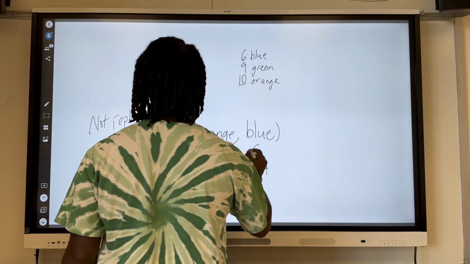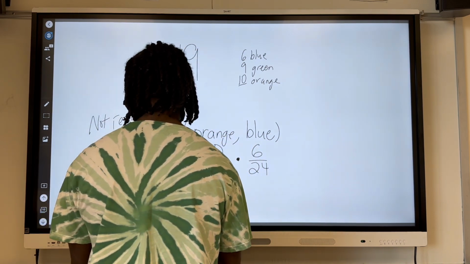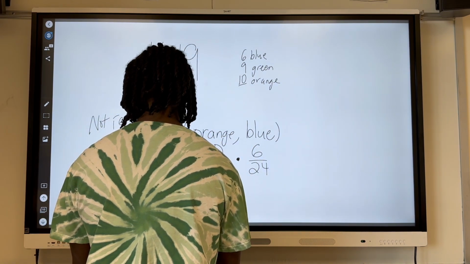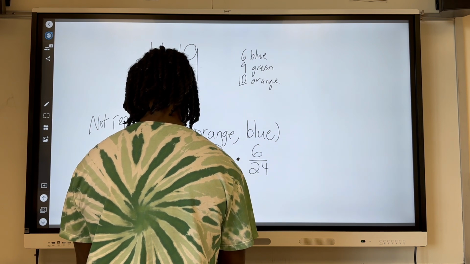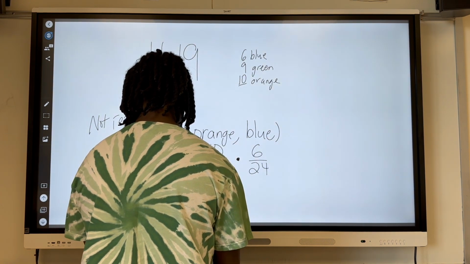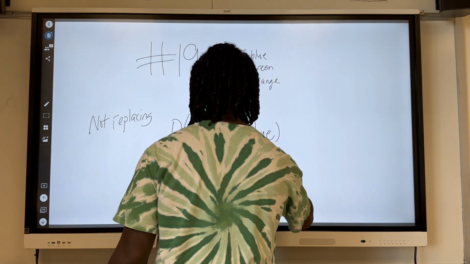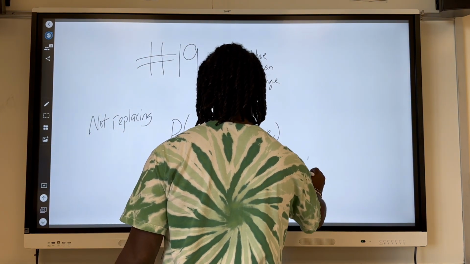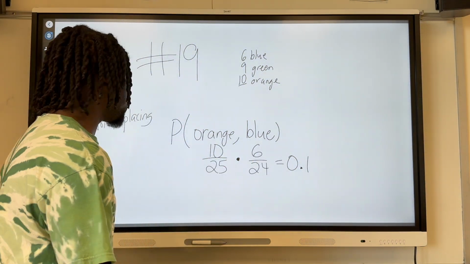It is 6 over 24, and I have to multiply these two. So I'm gonna do 10 over 25 times 6 over 24, and that is gonna equal 0.1. So my answer is 1/10, 0.1.